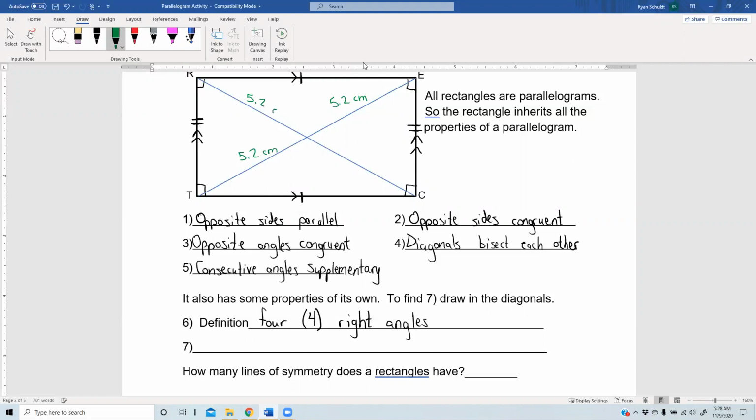That one's going to be 5.2 centimeters, and that one's going to be 5.2 centimeters. What do we notice about the diagonals? They're congruent. They're the same. So we're going to say for our 7th property, diagonals are congruent.